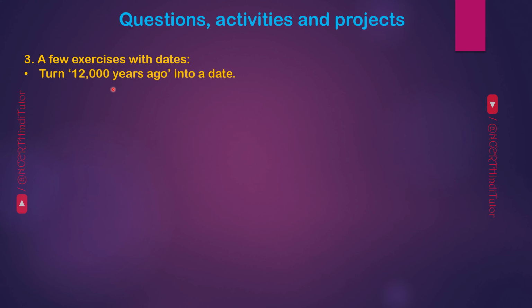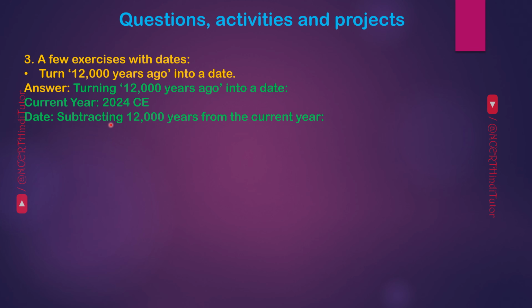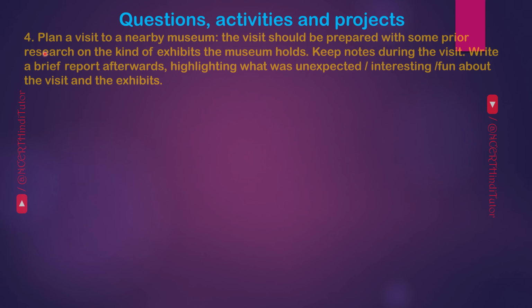Next, turn 12,000 years ago into a date. Current year 2024 CE, subtracting 12,000 years: 2024 minus 12,000 is equal to minus 9,976 BCE.